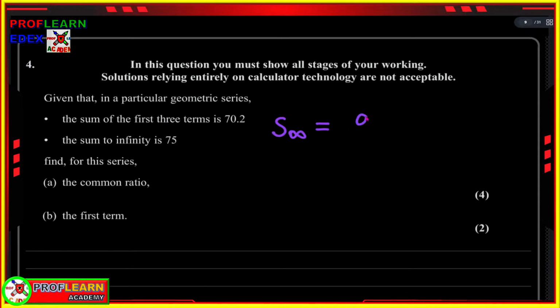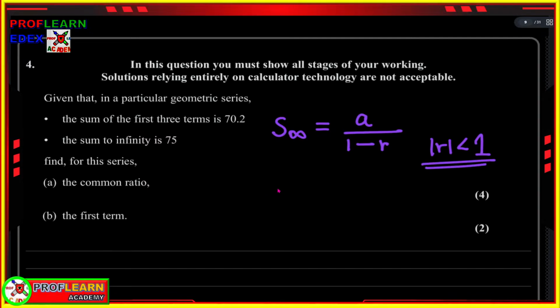Sum to infinity is usually given as a over 1 minus r, and for that to happen, r should be less than 1, that condition.